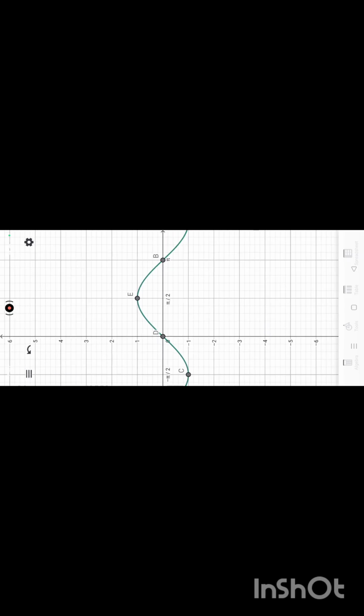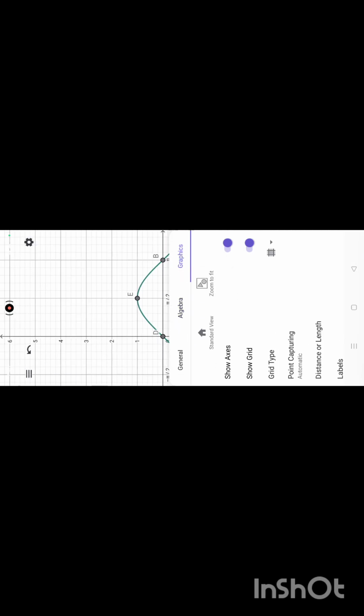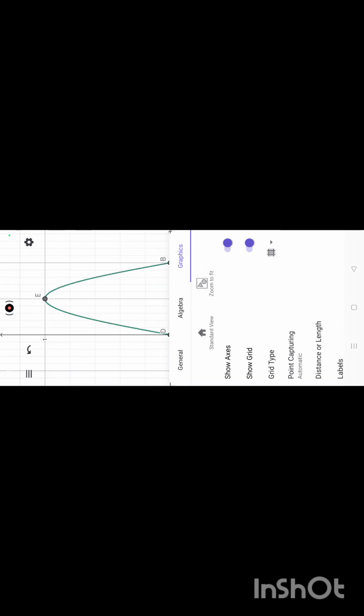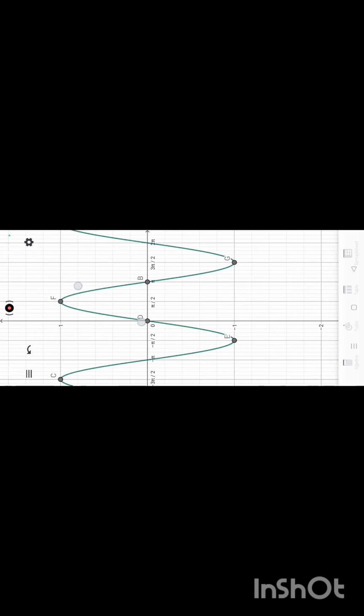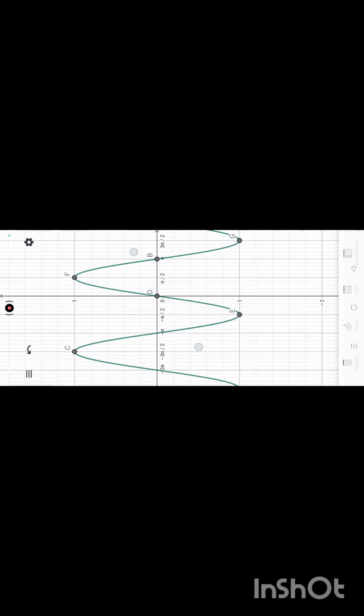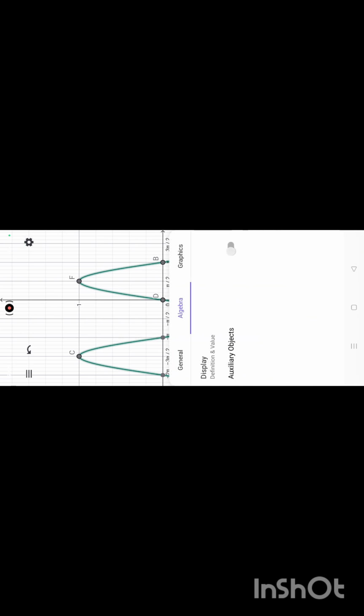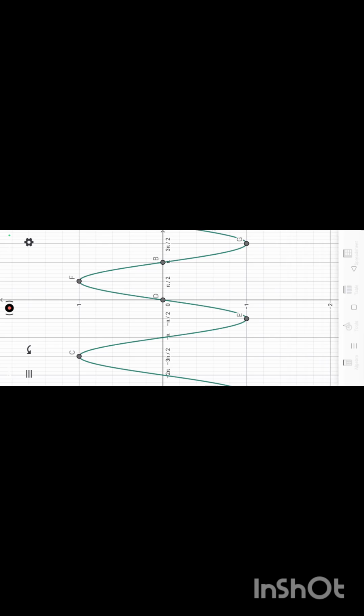It will be very nice to use, but you should practice using this, then only it will be easy. You can also add the inputs. One minute.